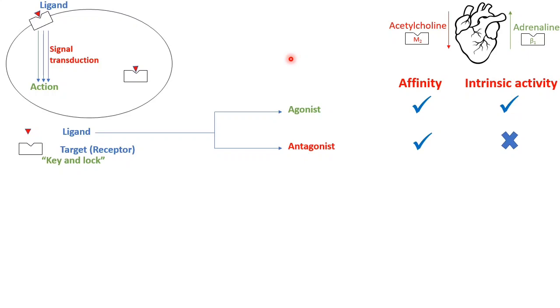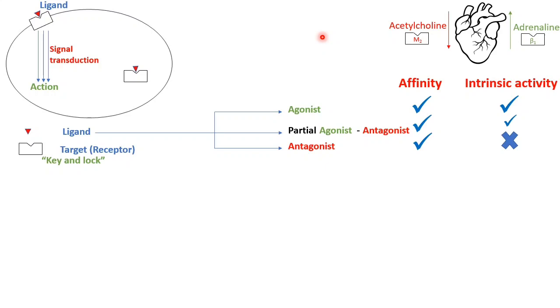So we can call that ligand partial agonist because its intrinsic activity is smaller than the intrinsic activity of the agonist. So this partial agonist has the affinity and it has also intrinsic activity but is smaller than the agonist.